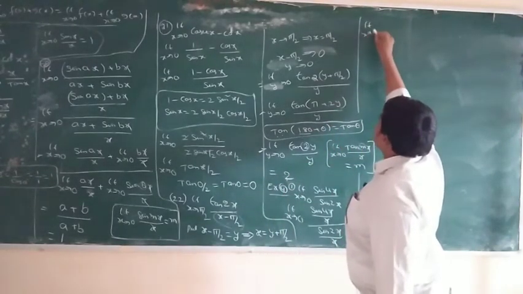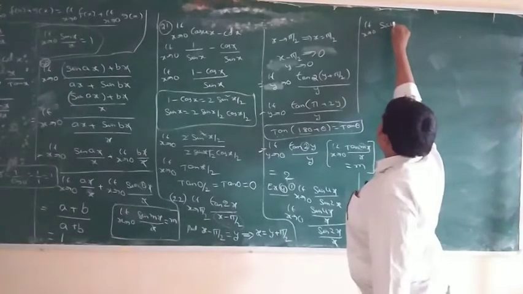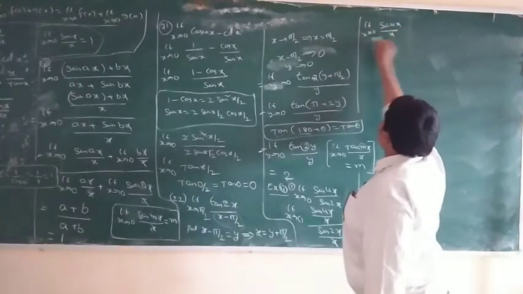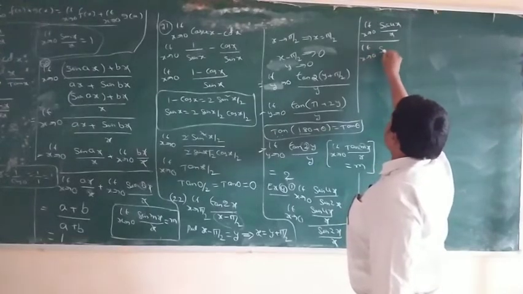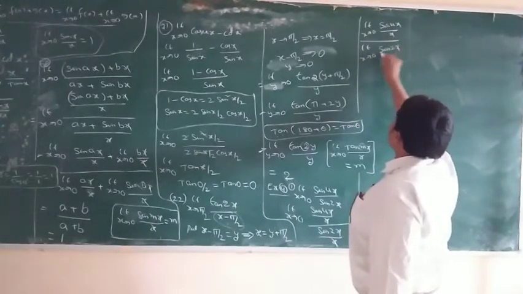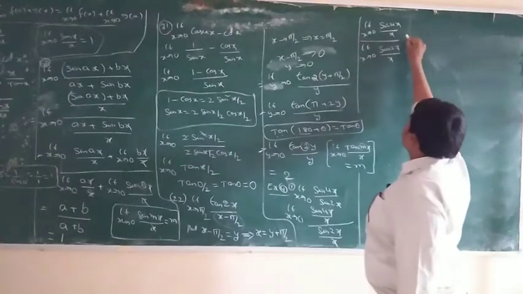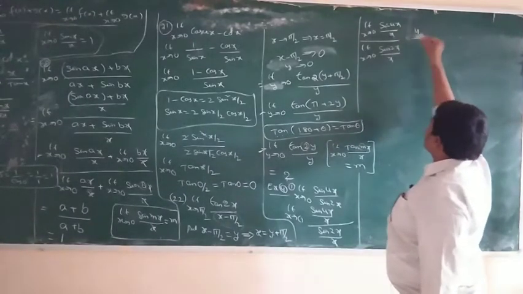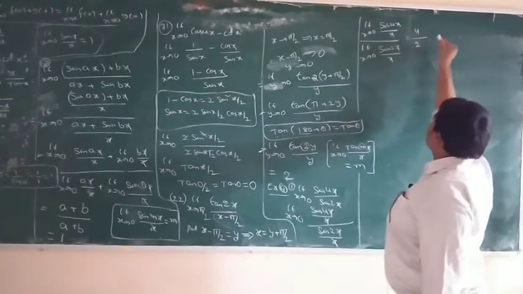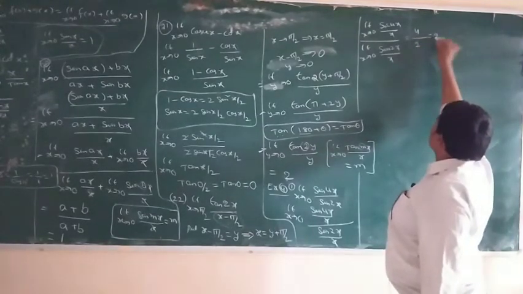Limit x tends to 0, sin 4x by x, over limit x tends to 0, sin 2x by x. So sin 4x by x is equal to 4, sin 2x by x is equal to 2, and 4 by 2 is equal to 2.